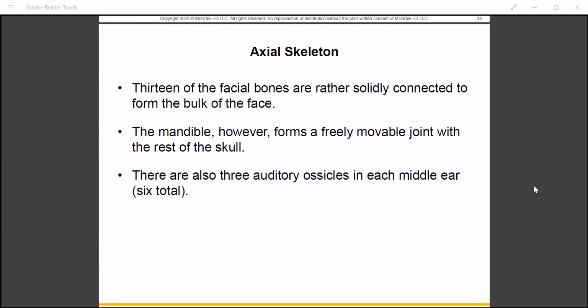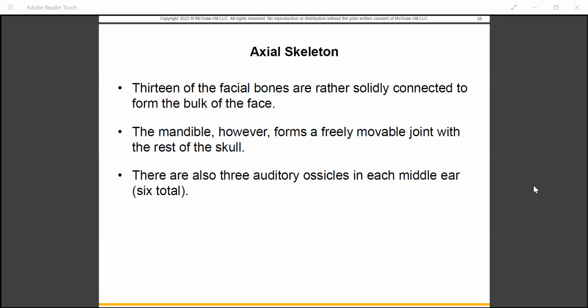Most of our facial bones, 13 of the 14, are solidly connected to form our facial structure. Our mandible, which is our jaw, is the one exception, and it's a freely movable joint. We have our temporomandibular joint. That's our joint that makes our jaw. It's freely movable against the rest of the skull.